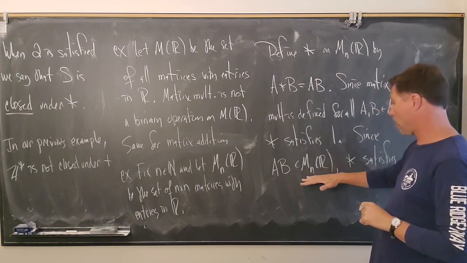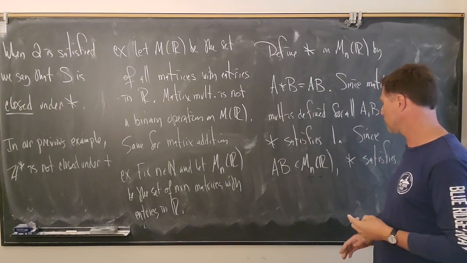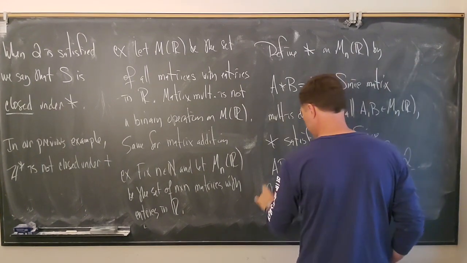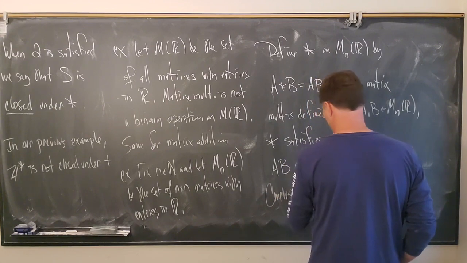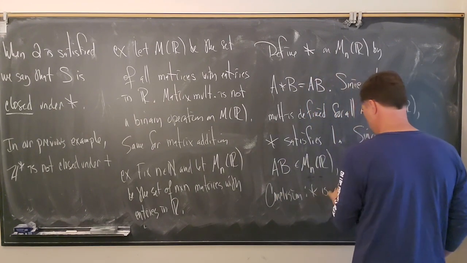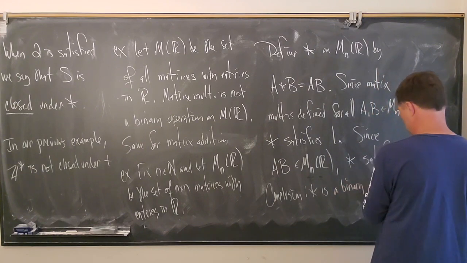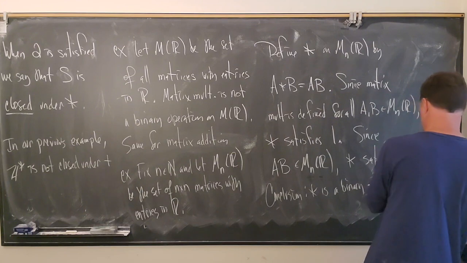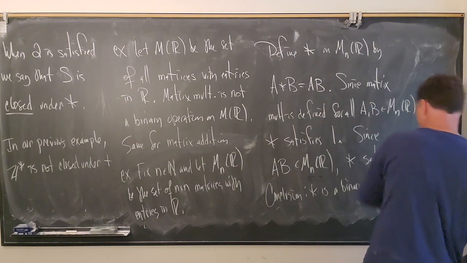M sub n of R is closed under matrix multiplication. That's how we would phrase it. And so what's our conclusion? Star is a binary operation on M sub n of R.